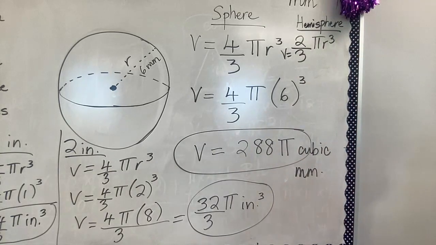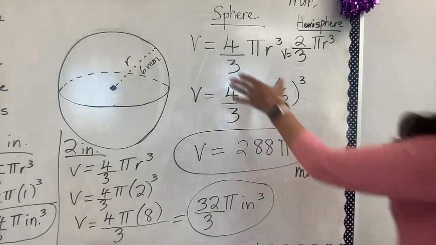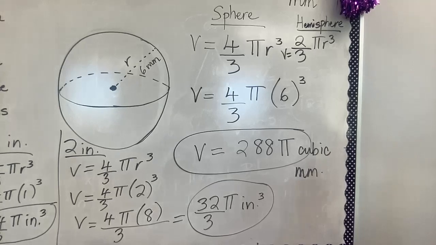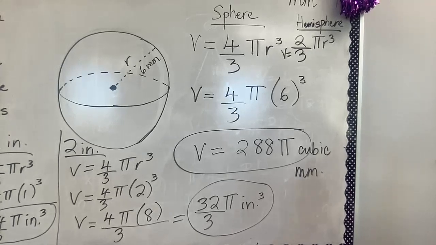I just wanted you to see that relationship. This is half of this, and that is why the coefficient becomes 2/3 from 4/3. A circle through the center of a sphere separates a sphere into two congruent halves, each called a hemisphere.